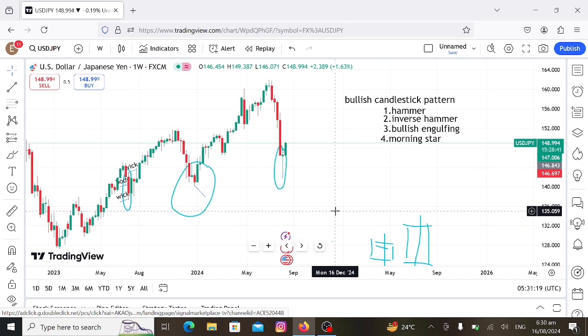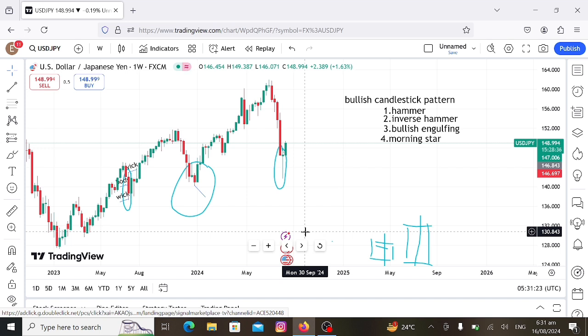The morning star candlestick pattern is considered a sign of hope in a bleak market downtrend. It is a three-stick pattern: one short body candle between a long red and a long green.